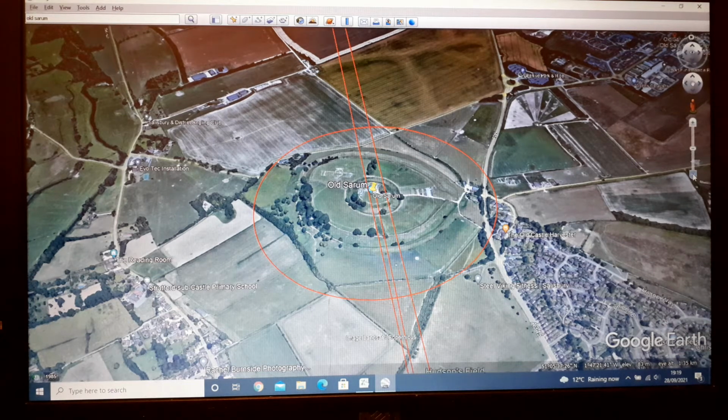And what we're going to find now is that when Old Sarum represents the sun, we'll find that Avebury is describing a circle around Old Sarum that represents 366.666 days, and when we actually do the calculation, we'll find the circle also represents in miles 146.666 recurring miles.